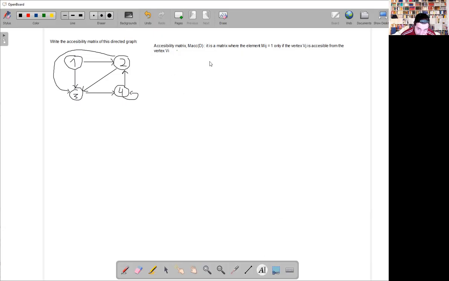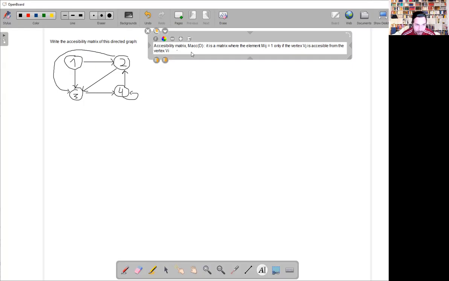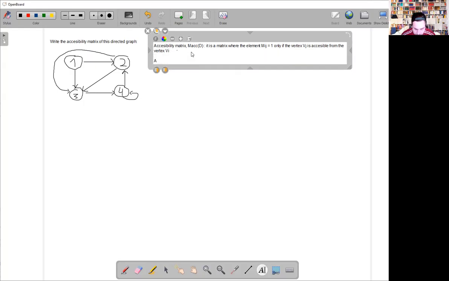And in fact, we are going to define the accessibility matrix of order k, order k, sorry. We call it M k of a directed graph.